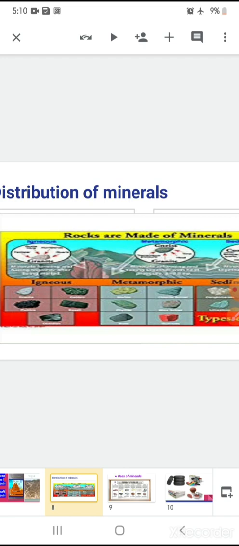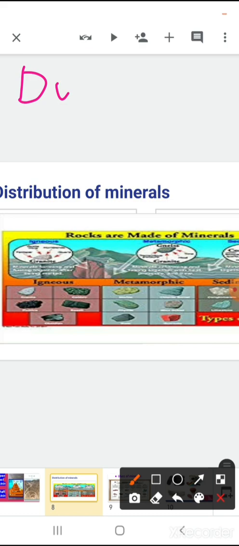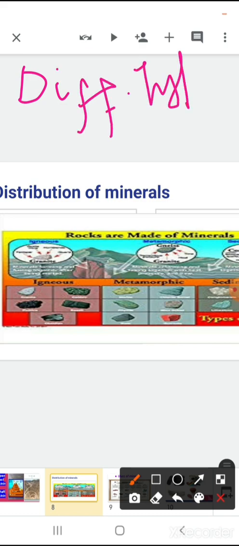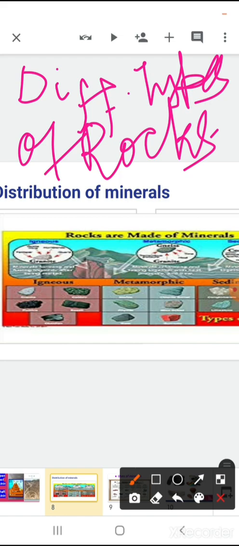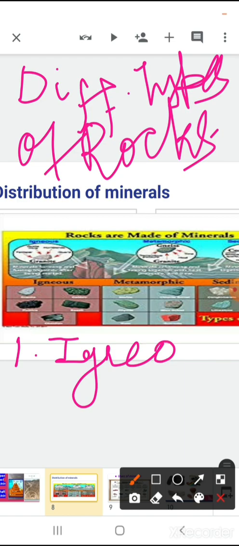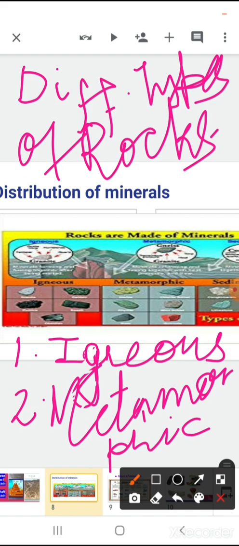This you also know. And if we switch to the different types of rocks, first is, you all know, the igneous, then you have your metamorphic, and after that you have the sedimentary rock.